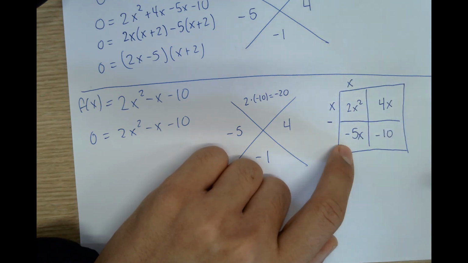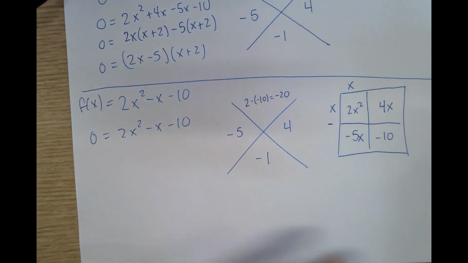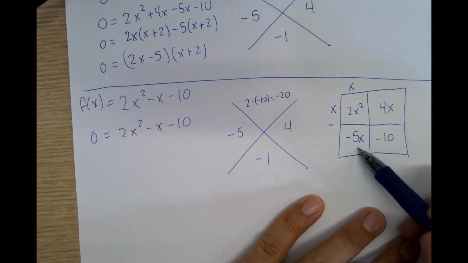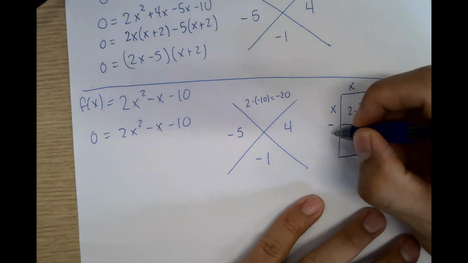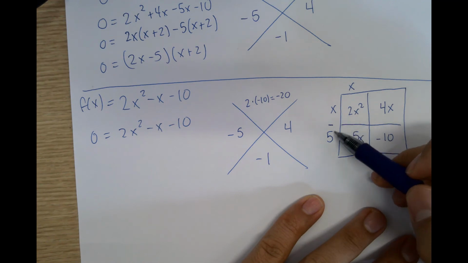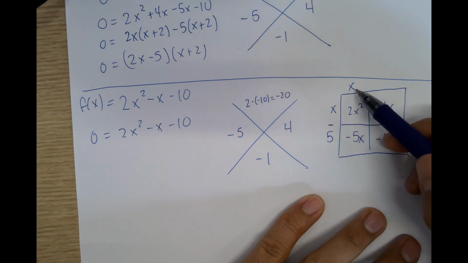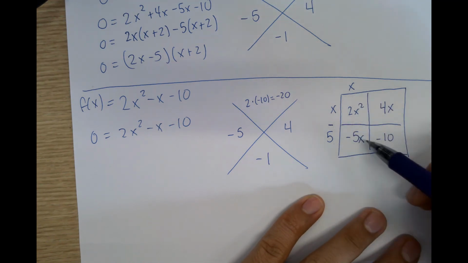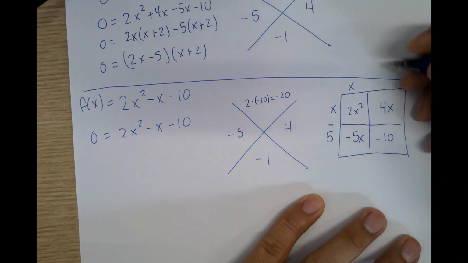So the only two other factors we're left with are 2 and 5. You can see there's a negative 5x here, so this number here is probably 5, and then this number down here is negative 5. Does it make sense that x times negative 5 is equal to negative 5x? It does. Here we have a positive 4, so we're going to do plus 2.